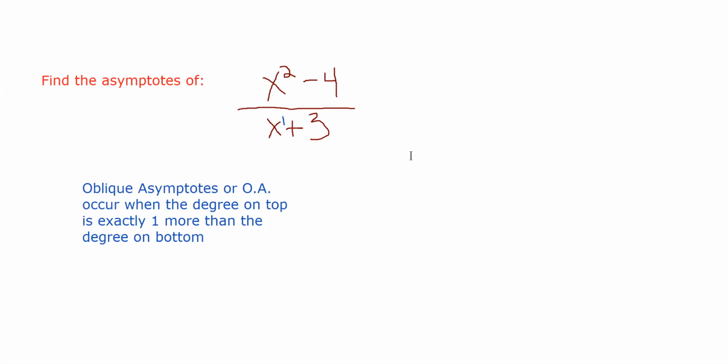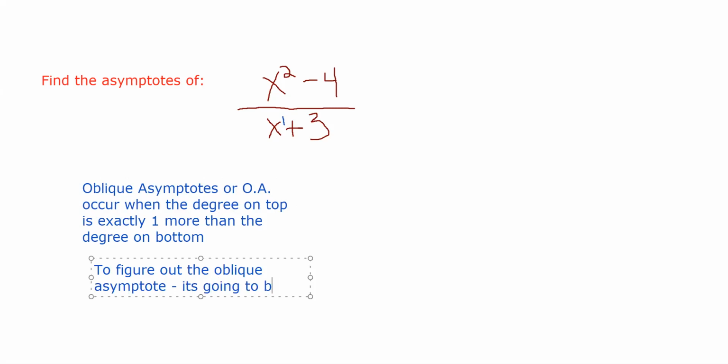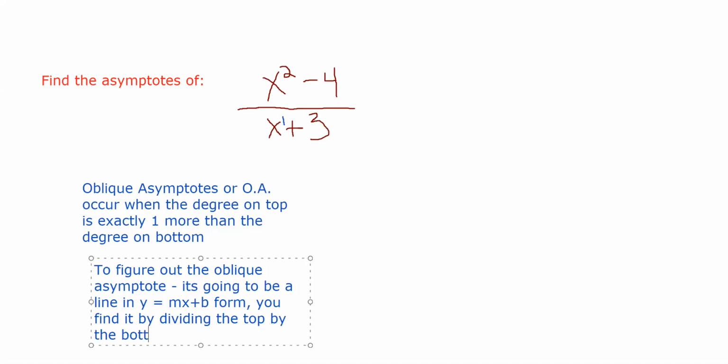Well, technically, we need to actually do the division. To figure out the oblique asymptote, it's going to be a line in y equals mx plus b form. You find it by actually dividing the top by the bottom. In other words, technically you can do the polynomial long division here.